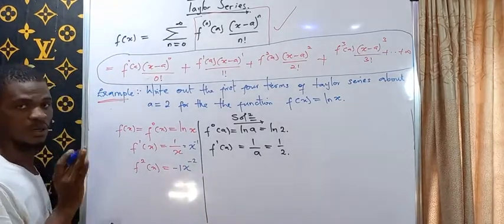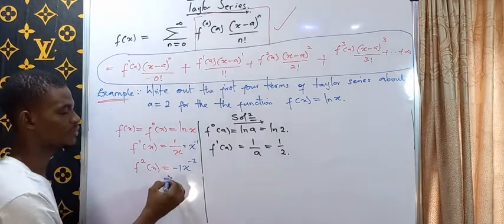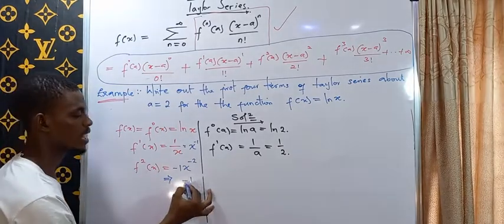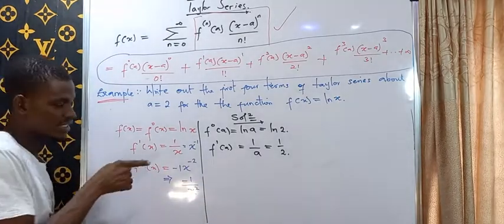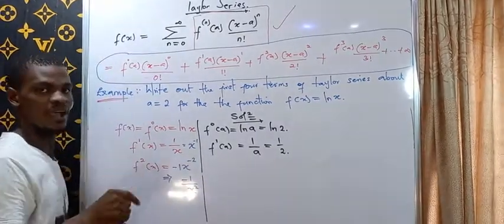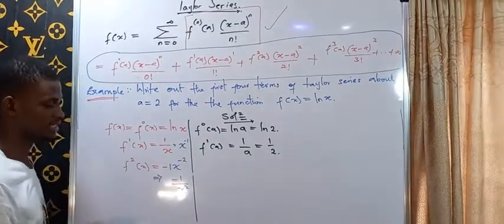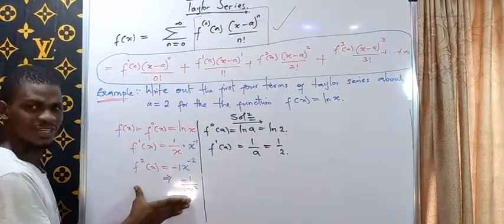Or I can say it's the same thing as, from law of indices, minus 1 over x squared. How did I get that? Law of indices: this minus will turn to 1 over. So I've gotten the second derivative of x.